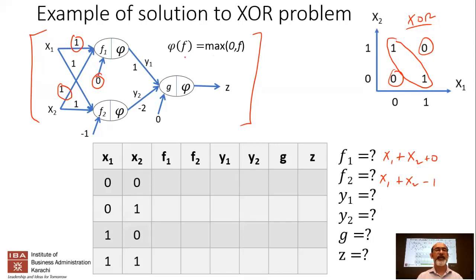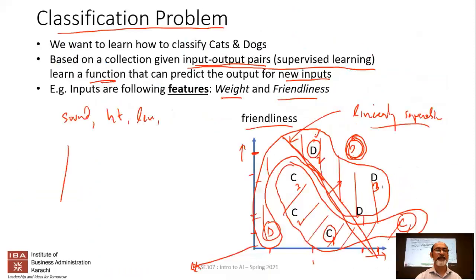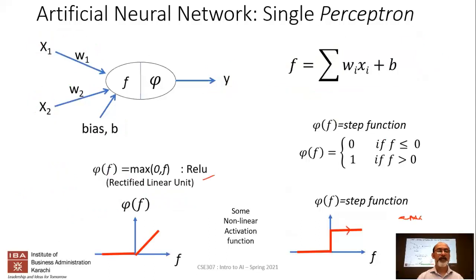What's Y1 equal to? Now, this is a different equation. It's a max equation. This is what is referred to as a ReLU equation. I think I showed this to you earlier. As I said, you can have different types of nonlinearities, and this is a very common nonlinear equation. It's the maximum of 0, f. So if f is less than 0, it's equal to 0.